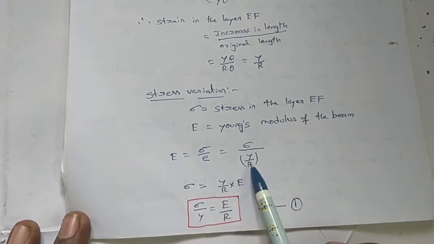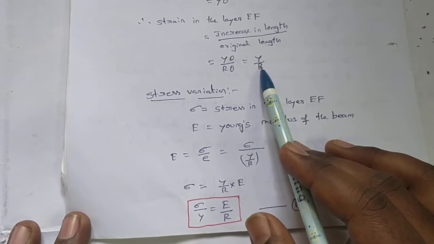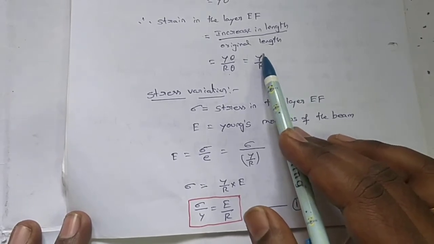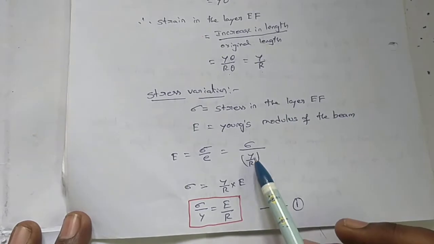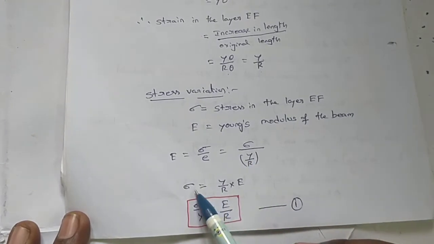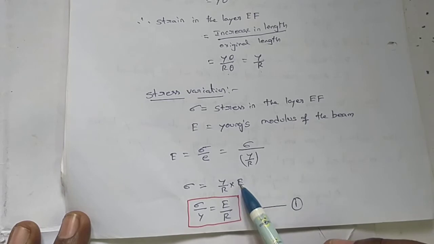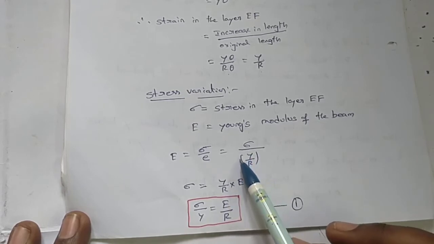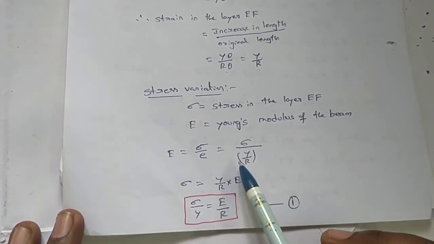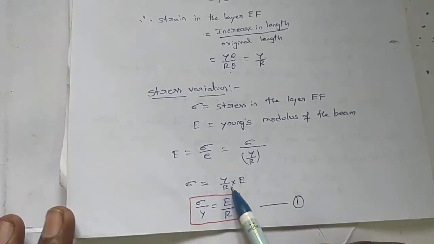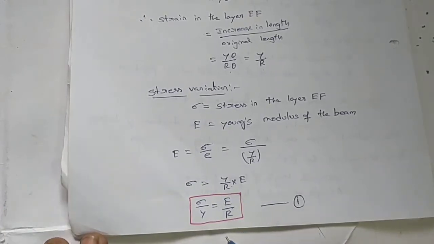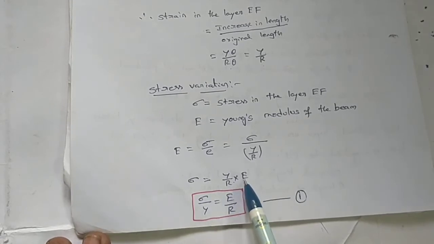The strain in the layer EF we just calculated is Y by R. We are going to calculate stress, so sigma equals E into Y by R. Moving the denominator to the left side, the formula is Y by R into E. From this equation, when Y goes to the left side into the denominator, sigma by Y equals E by R. This is equation 1.